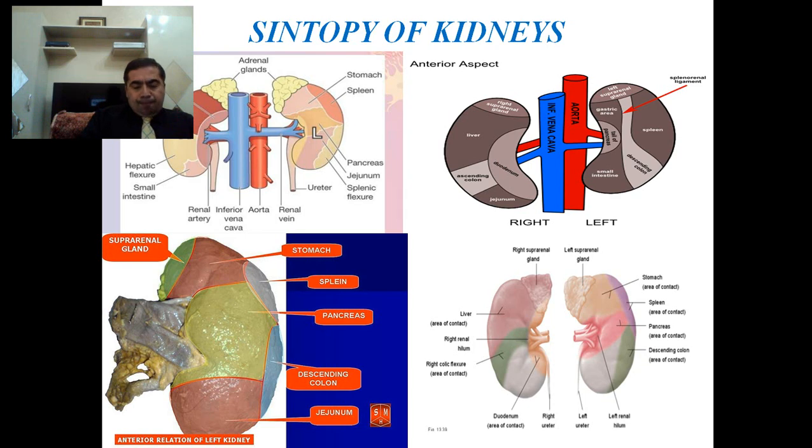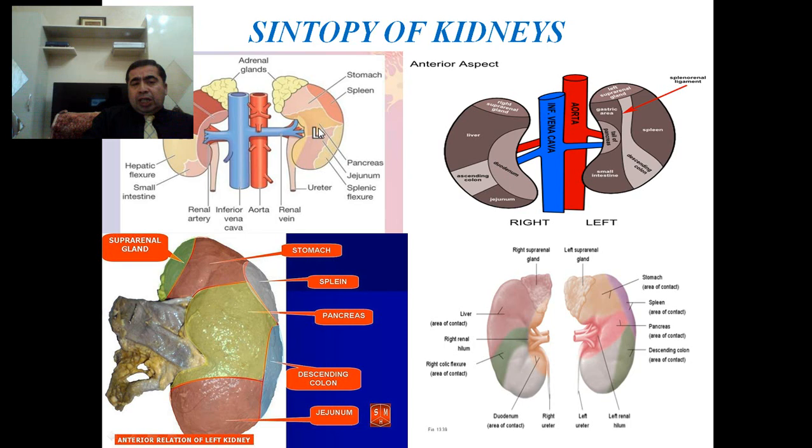And in early childhood and in newborn, the contacting surface of the right kidney with the intestines is larger. And the right kidney in newborn can contact with the appendix vermiformis and also the cecum. You know, these organs descend during intrauterine life, descend from the right hypochondriac region downward.